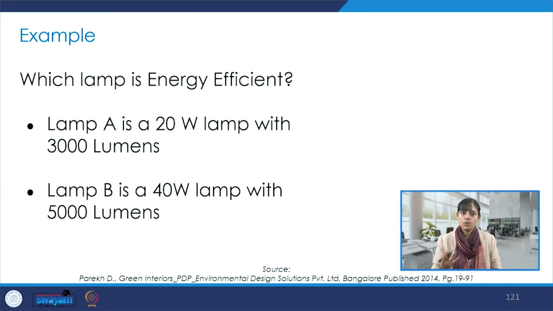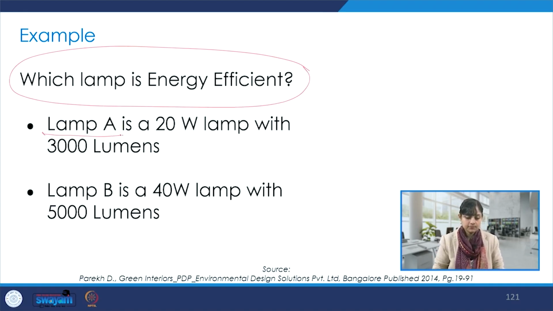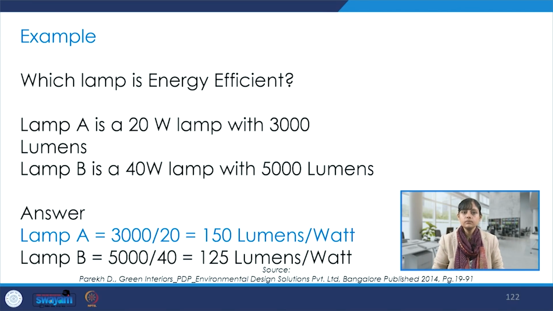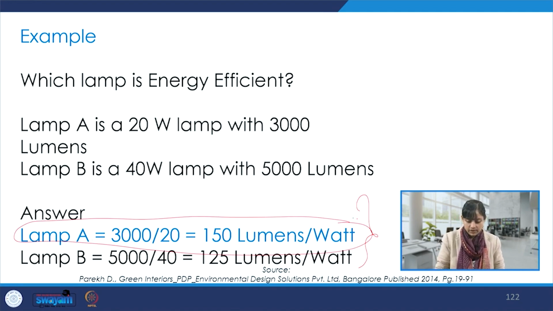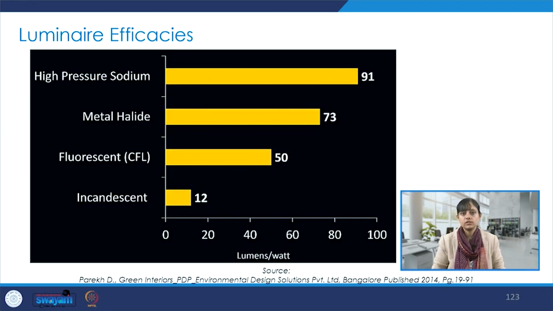Now again, a small example: if we were to find out which lamp is energy efficient, and there is lamp A, a 20 watt lamp with 3000 lumens. Lamp B is a 40 watt lamp with 5000 lumens. Again, we just put this formula to use, and then we can see which one is more efficient. So the lamp efficacy of A is greater, and it is more energy efficient.